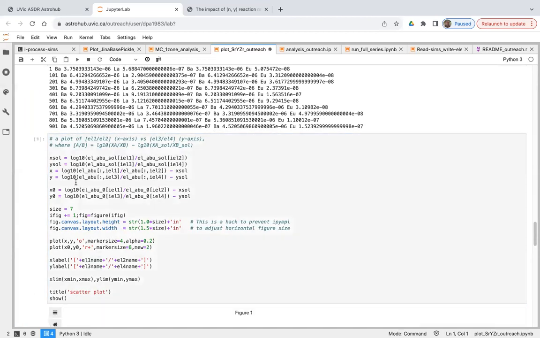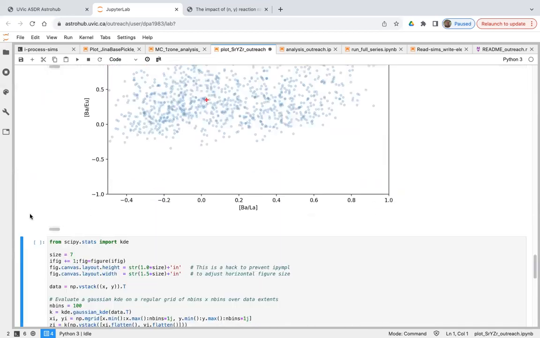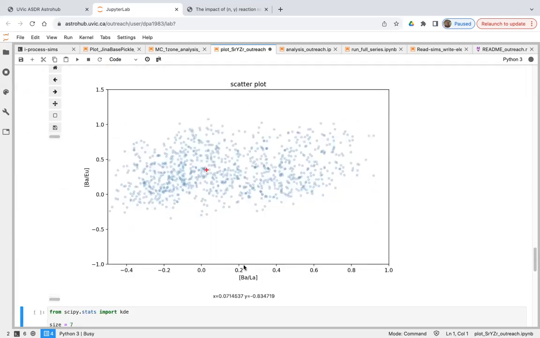Let's make a plot. Now this plot shows the double elemental abundance ratio diagram, with the X-axis barium to lanthanum ratio versus barium to europium ratio.